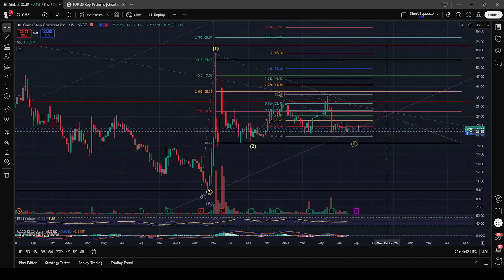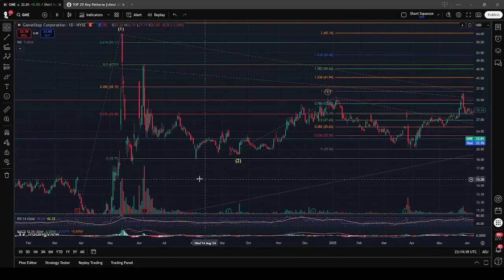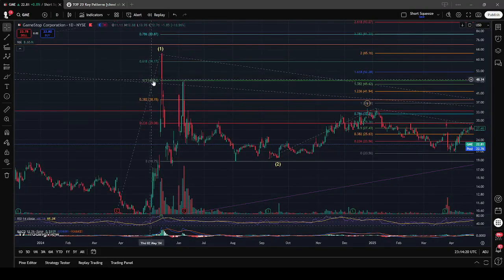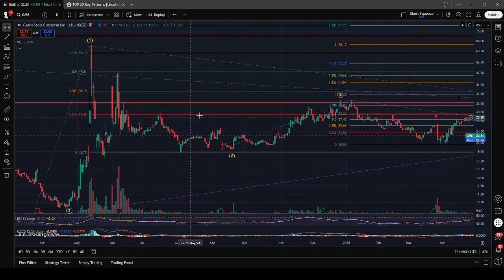But now, if we take a look at the daily chart, this is where I get stumped. We go ABC, right? C can be right here, where it can be a running flat. C right here. But then what the hell is this?